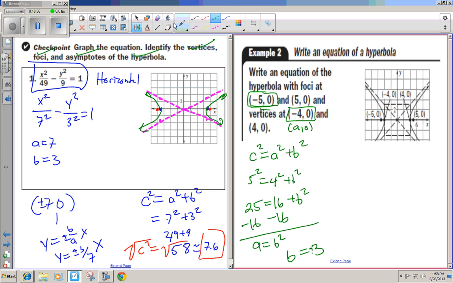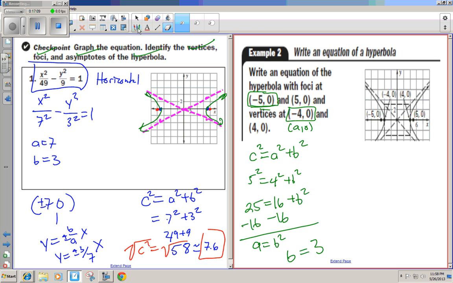So my b value is plus or minus. No, it's not plus or minus. Just say it's plus 3. The b value is 3. All right. So my b value is 3. Now I just have to determine from my equation, first of all, which one has the negative. This is horizontal. Right?